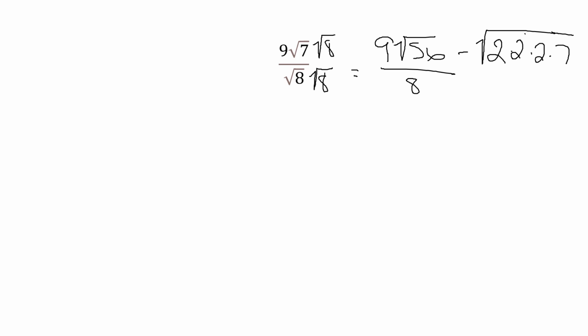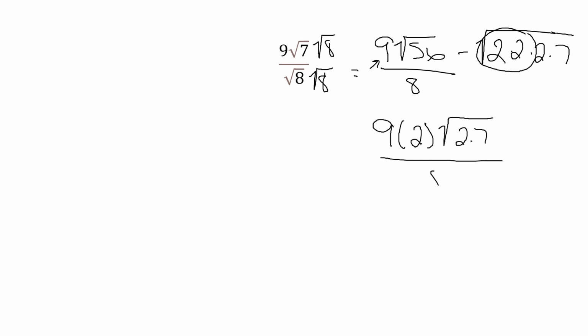I have a pair of 2's here. I'm going to pull out my original 9. The 2 we're pulling out. The leftovers, all of that is over 8. 9 times 2 is 18. 2 times 7 is 14 over 8.